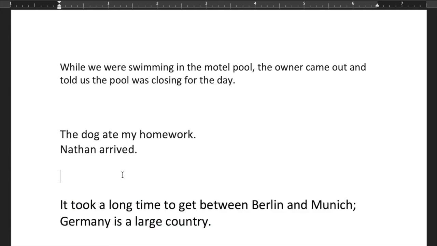Now this works, right? Two SVOs balanced by the semicolon, and they're both about Germany because these are two German cities. And if it's taking a long time to get between these two German cities, it's reasonable to expand on that by saying it's a large country.